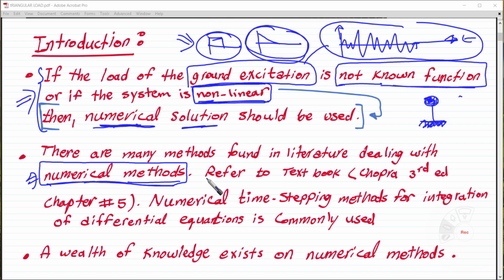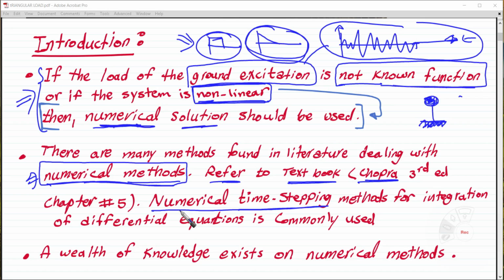For example, you can refer to our textbook, which is Chopra's book. It is in the 3rd edition, chapter 5. You are going to find the numerical time-stepping methods. I'm going to give one slide about this, and maybe in the next slide I'm going to talk about what the main types of it are, and what the important things are that we should keep in our mind related to numerical time-stepping methods.